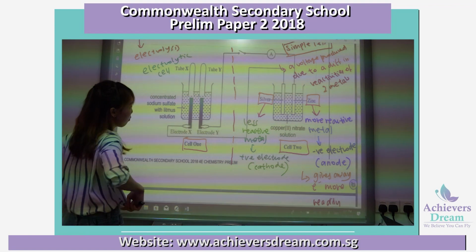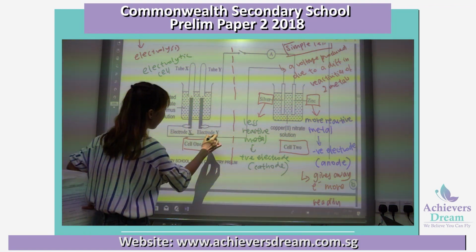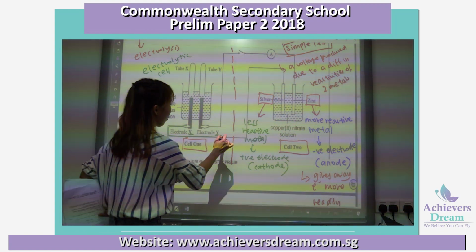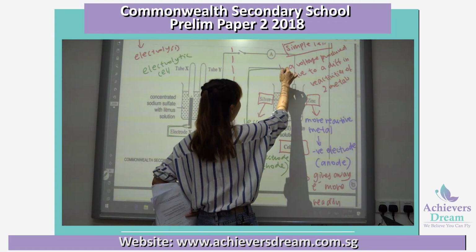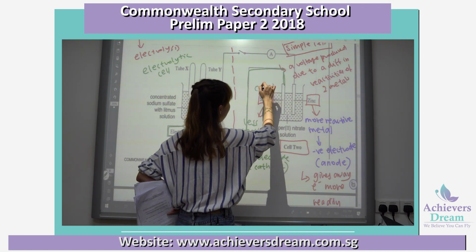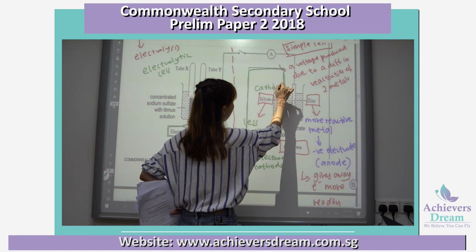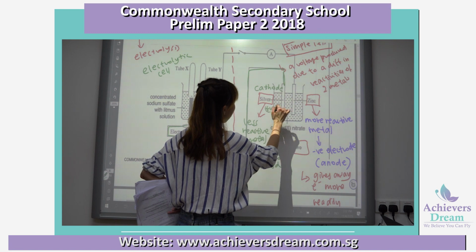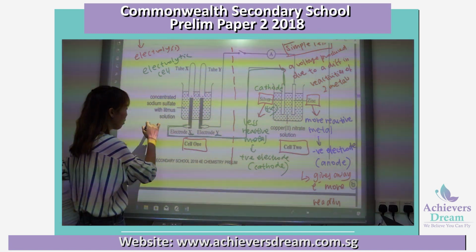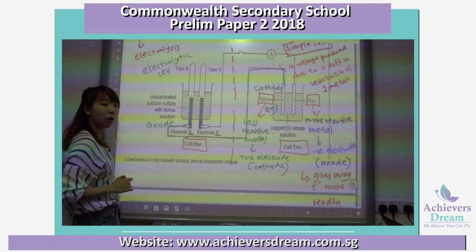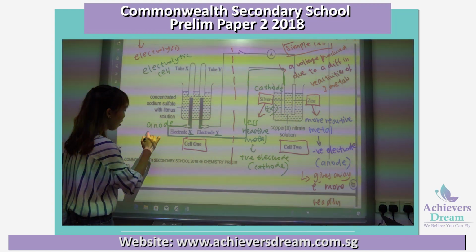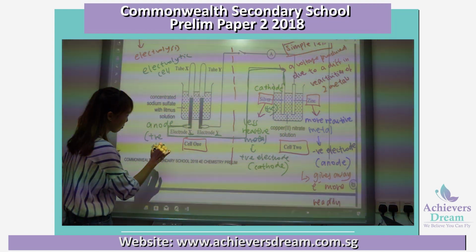So now we focus on electrode X and electrode Y. Electrode X is connected to your silver electrode, which is the cathode. This is your cathode, correct? Your positive electrode. So your cathode must be connected to your anode. And remember in electrolytic cell, your anode is your positive electrode.